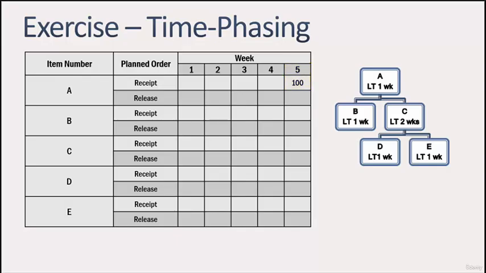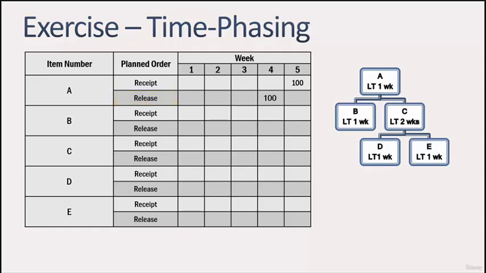In order to have 100 pieces of item A available in week 5, MRP schedules a receipt of 100 pieces of item A in week 5. Based on its lead time of 1 week, an order release for 100 pieces is scheduled by MRP for week 4.